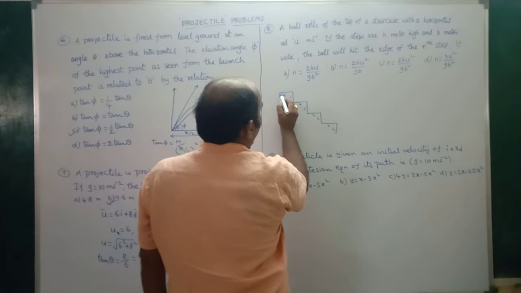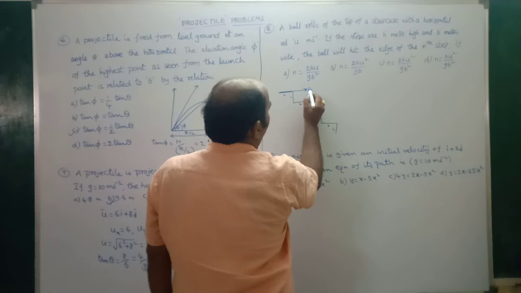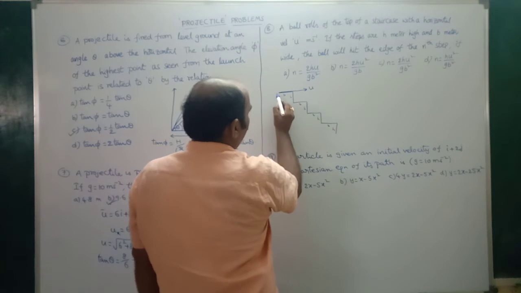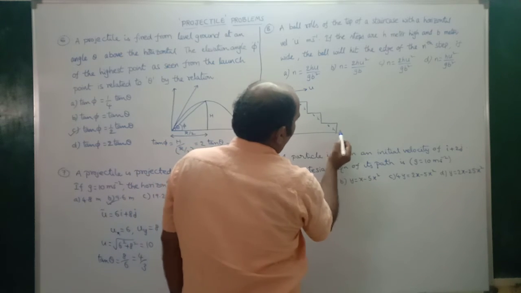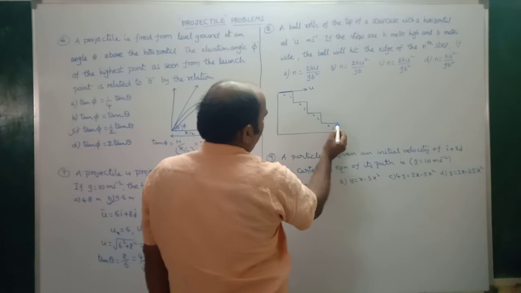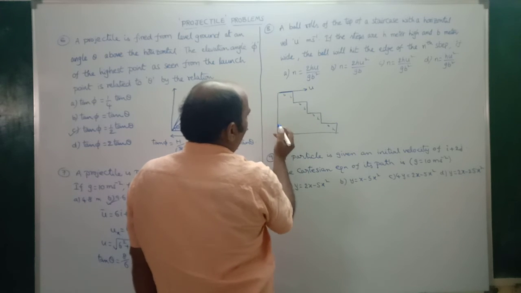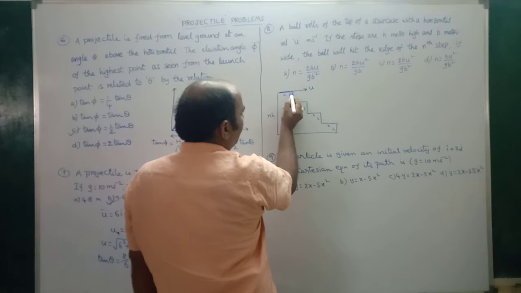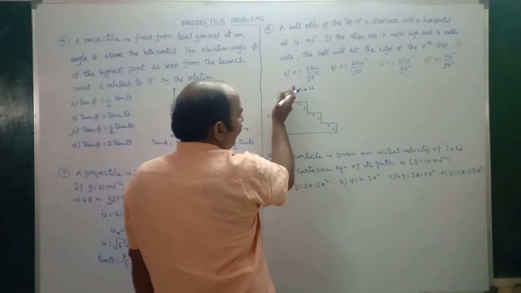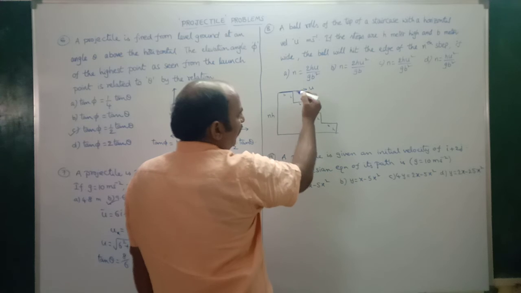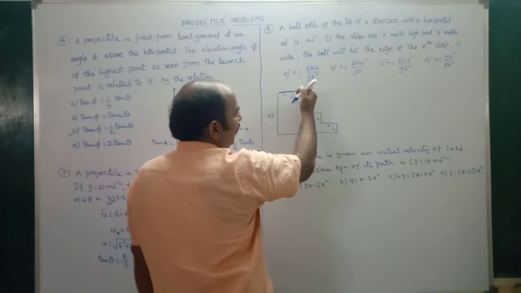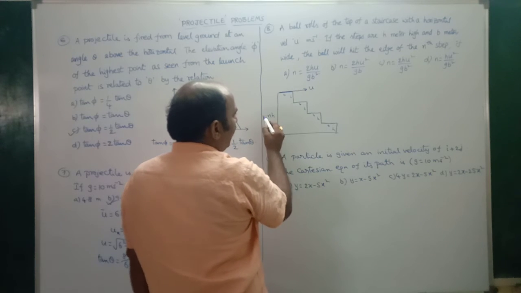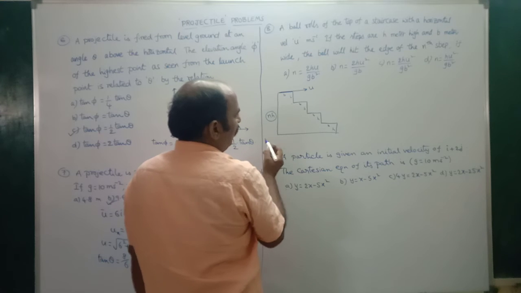Here the initial velocity, that is the horizontal velocity, u is given. Now after n steps, the ball travels a height of totally nh, because each step height is h. After n steps of travelling, the ball travels in the vertical direction nh.